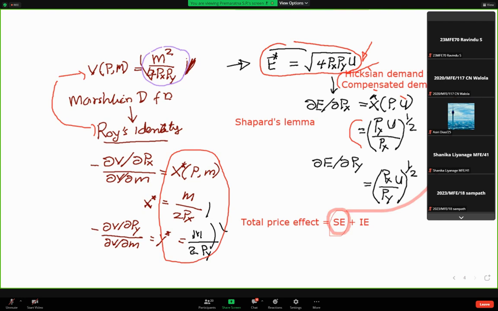So only the Hicksian demand function captures the substitution effect. I hope you understood. Soon I will show you how to get it.